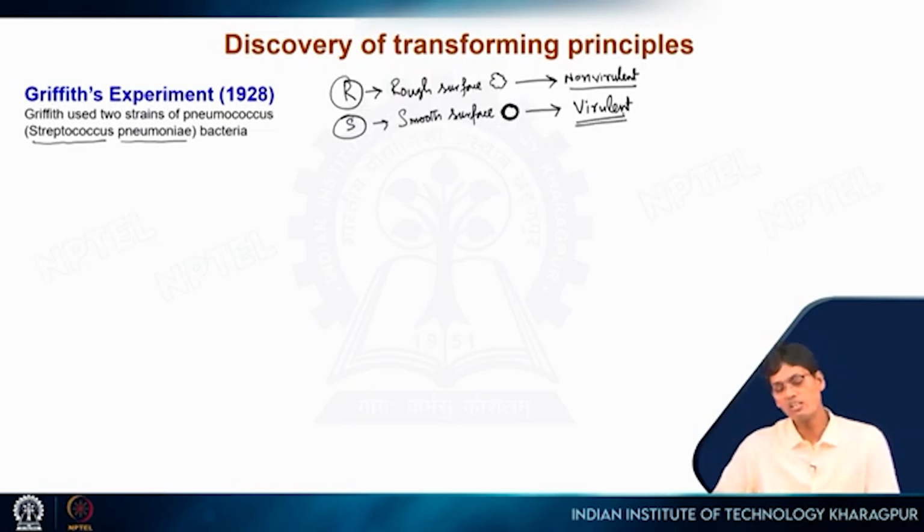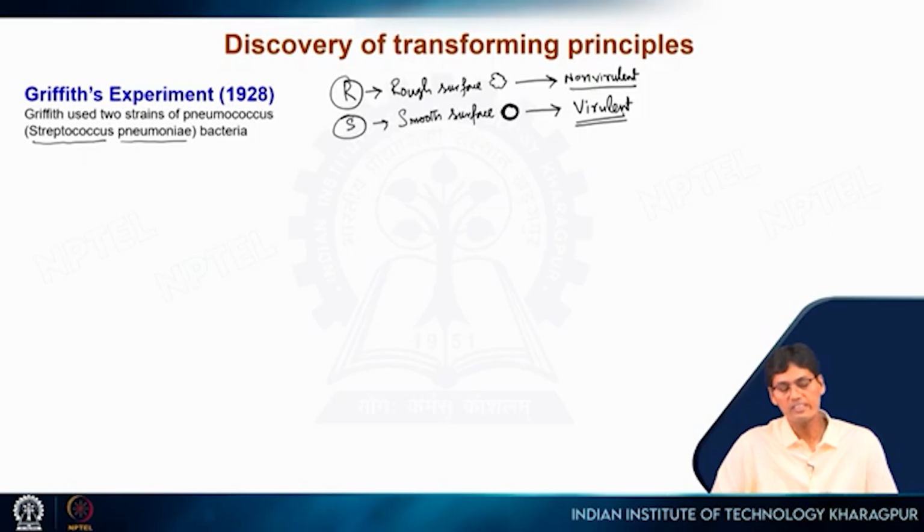So if we inject the S strain, the mouse will die. Why is this smooth surface bacteria virulent? Because they have this polysaccharide coating outside, so they escape the host immune system. The host immune system cannot detect them properly, so those S strain bacteria can multiply and cause the disease. As a result, the mouse will die.